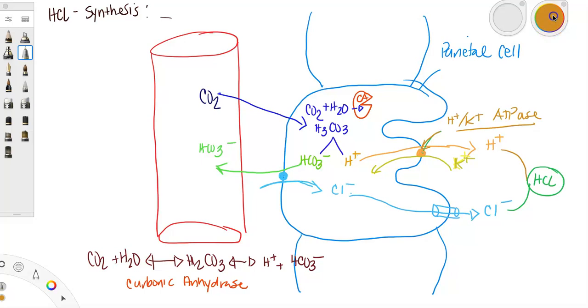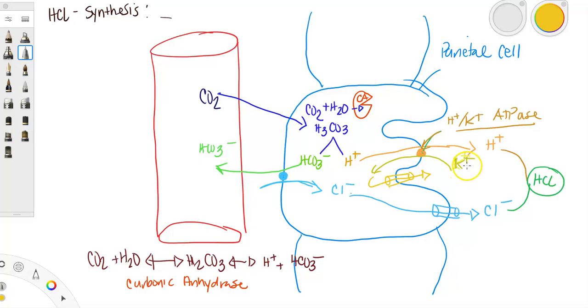Once the potassium, just looking at the potassium there, once the potassium is in there, remember, potassium is always leaving the cell. So it will come back out its leaky channels back out into the lumen of the stomach.